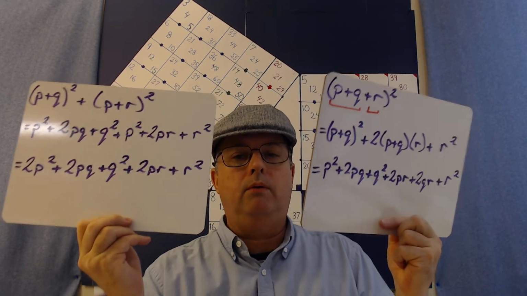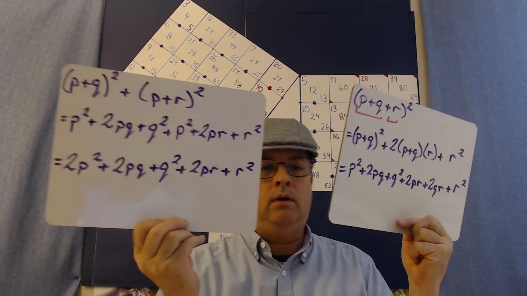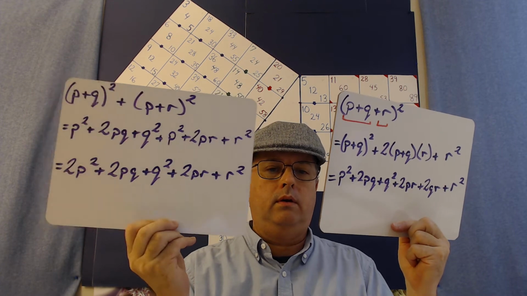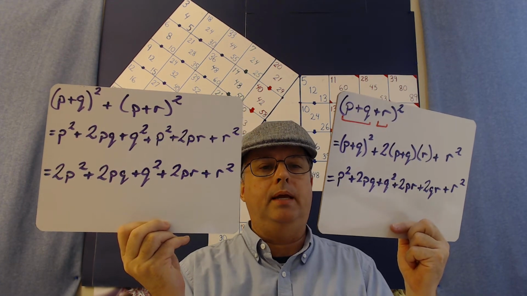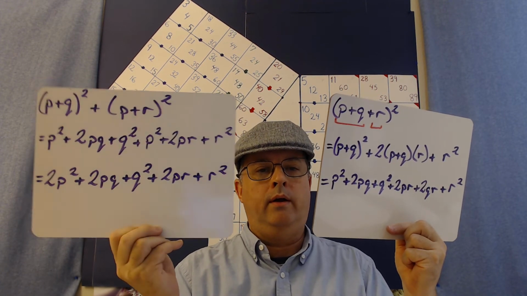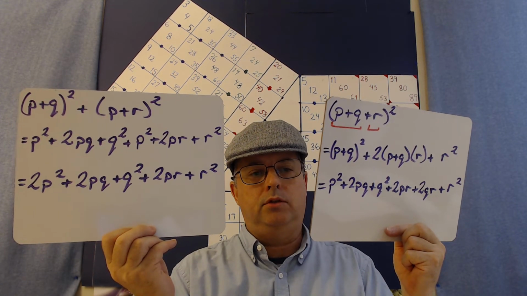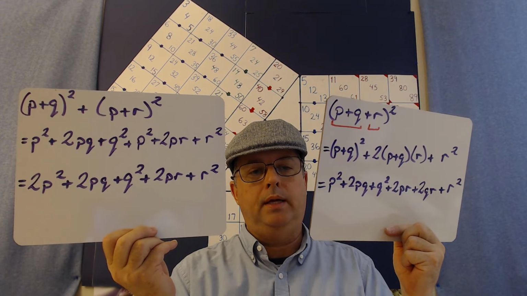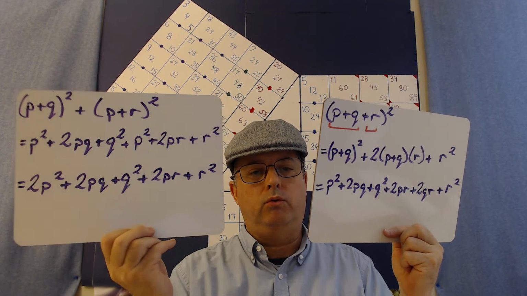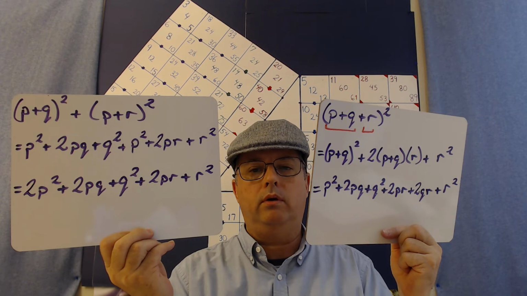Okay, so over here on this slide, we have p plus q squared and then p plus r squared. And that gives us 2p squared plus 2pq plus q squared plus 2pr plus r squared.